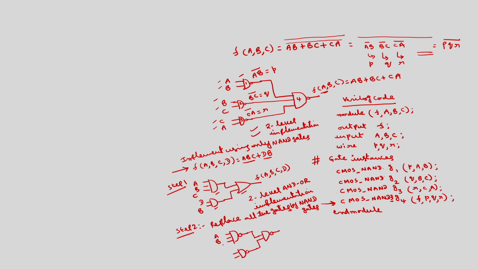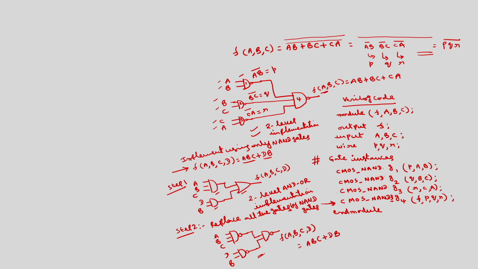This is A, B, C, D, B. This is f of A, B, C, D is equal to A, B, C plus D, B. This is how we can implement the NAND implementation.